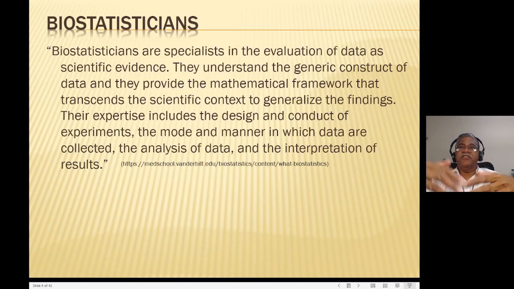So that's inferential statistics, right? But in order for inferential statistics to work, you have to have a solid foundation of information so that you can make inferences.